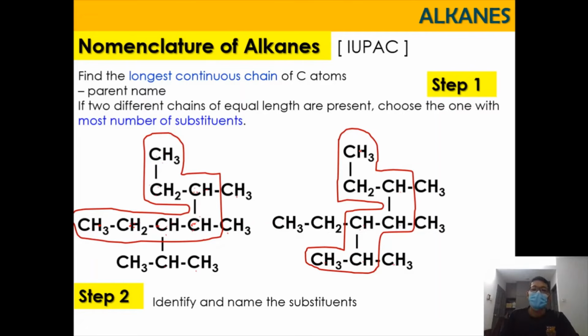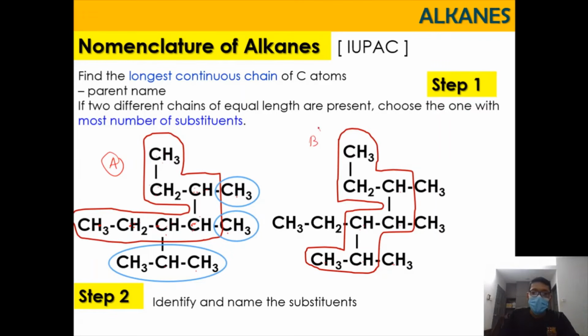Okay, so now as you can read here, if two different chains of equal length are present, we have to choose the one with the most number of substituents. So if they have the same length, we pick the one that has the most branching. As you can see in situation A here, we have 1, 2, and 3 branches.